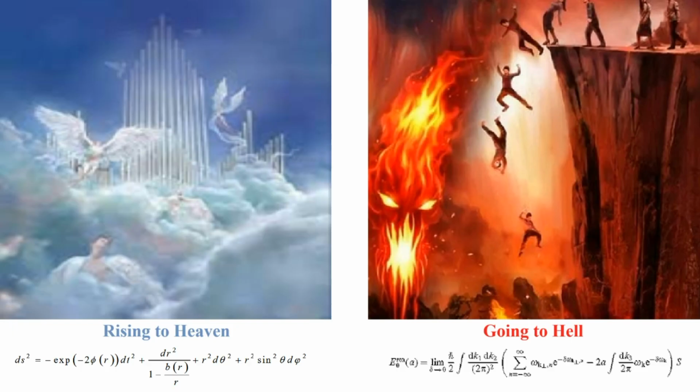Then we have the opposite. Imagine the mathematicians trying to get equations for art. The other way around, right? And here we have a mathematician, and he's going to try to paint a picture of souls going to heaven or to hell, either way. And there you have the equation.